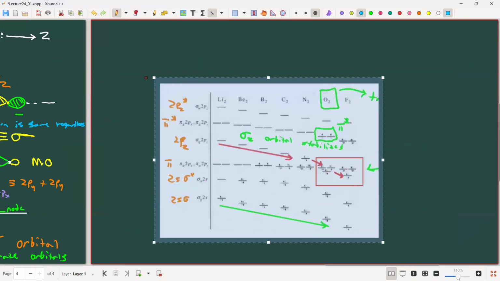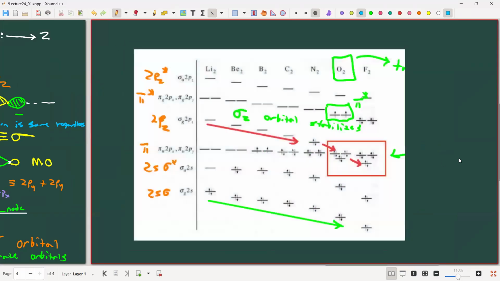What I have here is our homonuclear diatomics along the octet. We go from lithium to dilithium, if you're a Star Trek fan, you know, dilithium, to fluorine. I have the orbitals and the n equals 2 valence arranged here. We've got the 2s sigma bonding, this is the 2s antibonding, this is the pi orbitals, this is the sigma from the p's, and then the pi star and the sigma star.